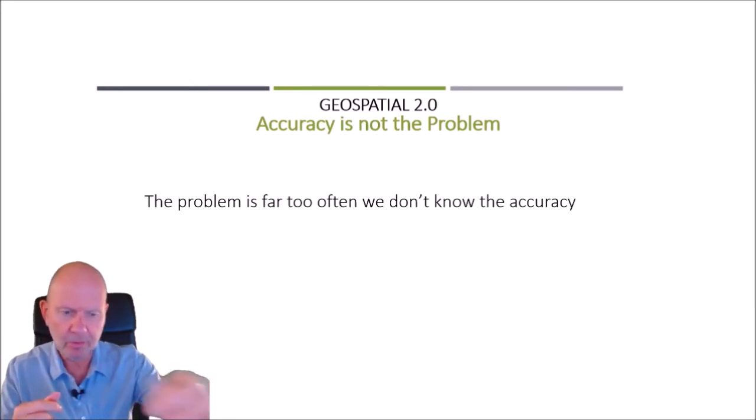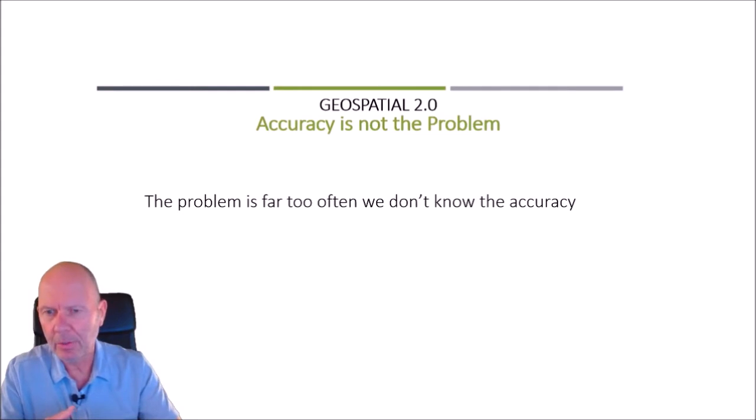Let's say it's of a pipeline. By putting an image of that actual pipeline underneath, the justification is, we'll look at the accuracy of that line data. But do we know how accurate that imagery is? Just because we can overlay vector data on top of imagery, we presume it's accurate, but we don't know the accuracy of the imagery. So there's an example.